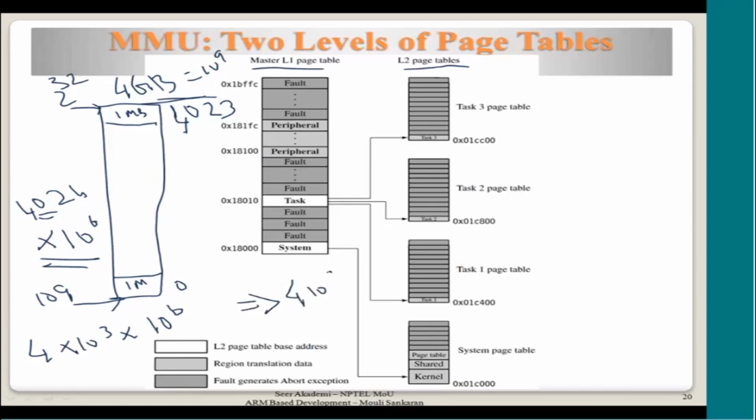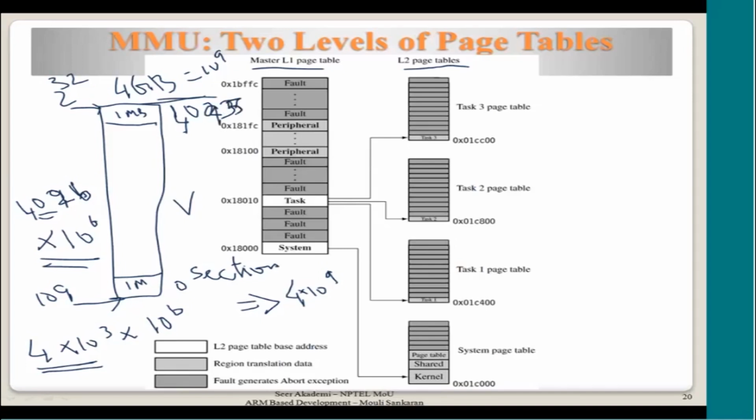That means 4 GB. So if I decide to split the 4 GB of virtual memory into 1 MB sections, then how many entries will I have? It is 4096 in absolute terms, but for simplicity, let us assume it as 4K. So that many entries will be there.